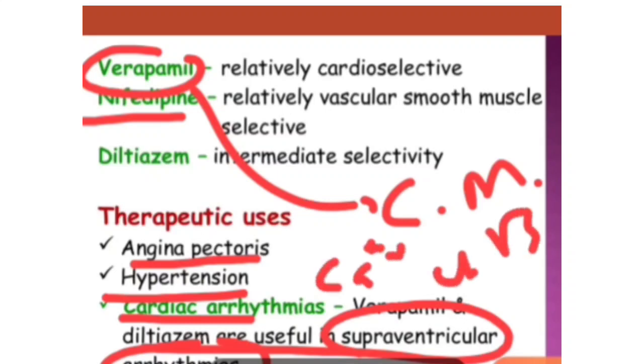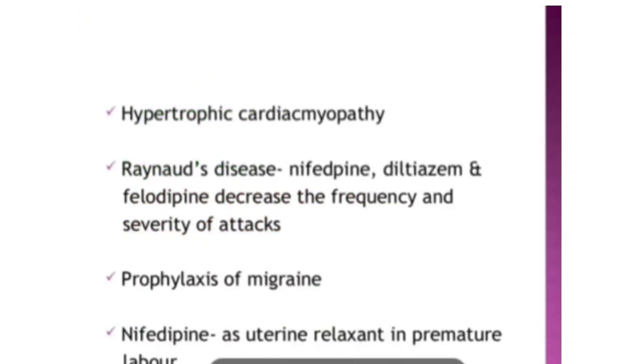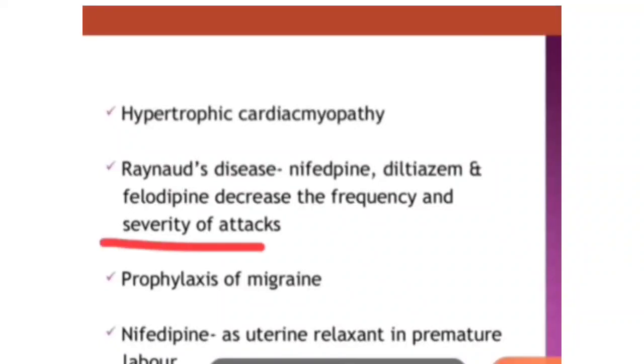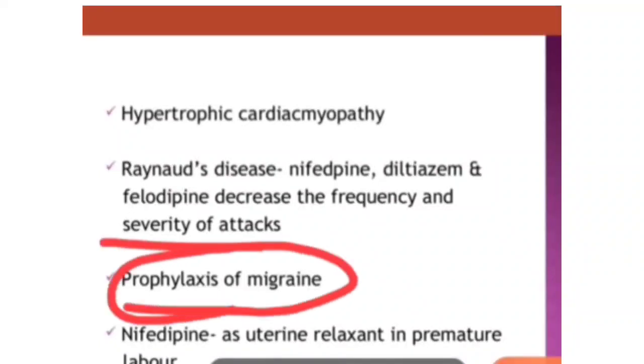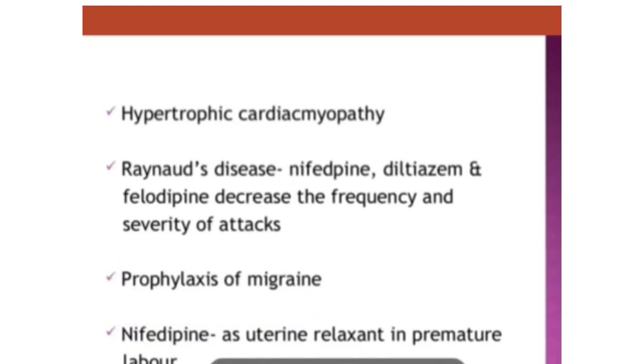They are also used in hypertrophic cardiomyopathy and Raynaud disease. Nifedipine and felodipine decrease the frequency and severity of attacks, and they are used in the prophylaxis of migraine. Nifedipine is also used as a uterine relaxant in premature labor.